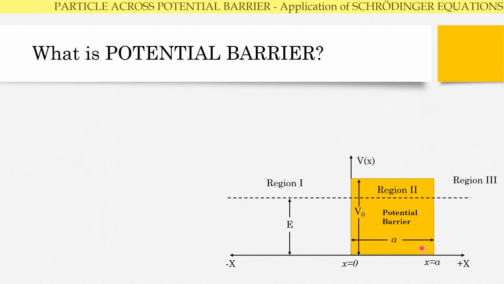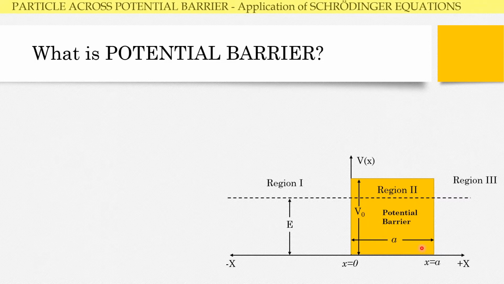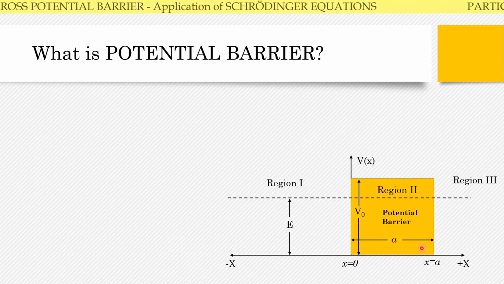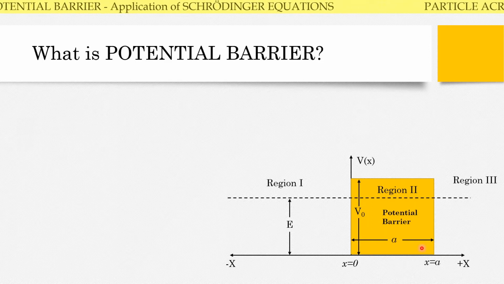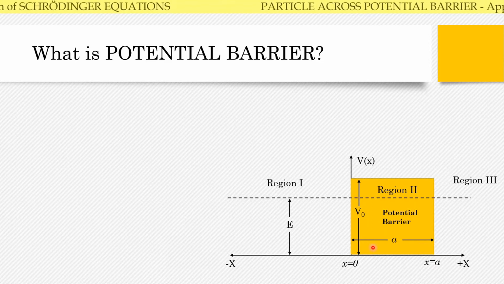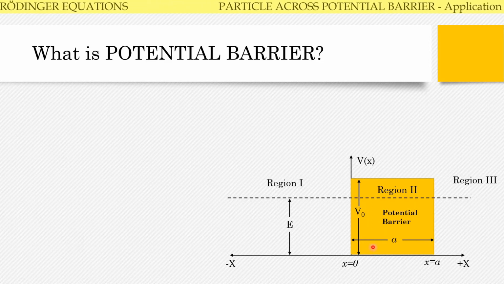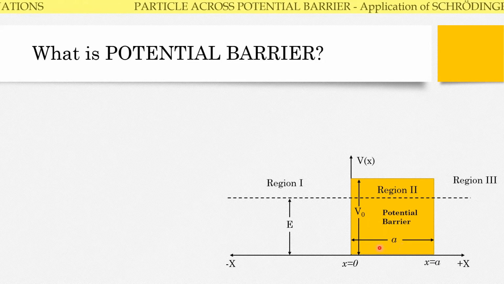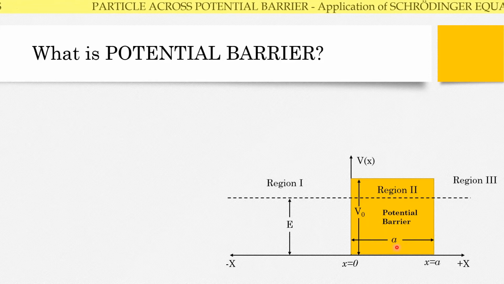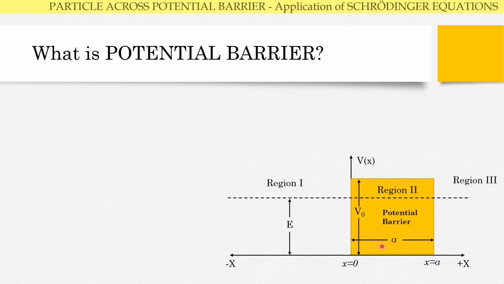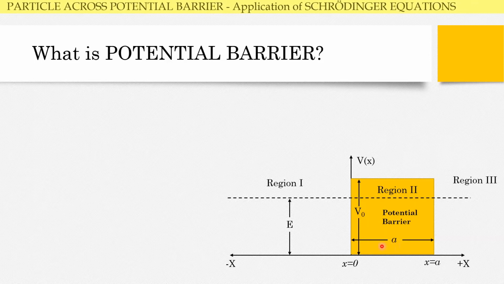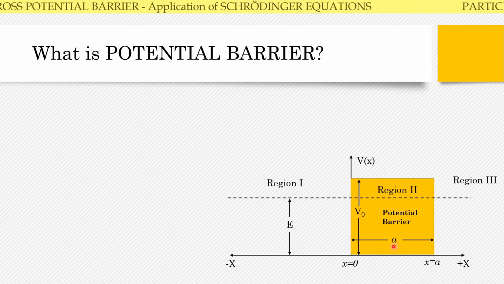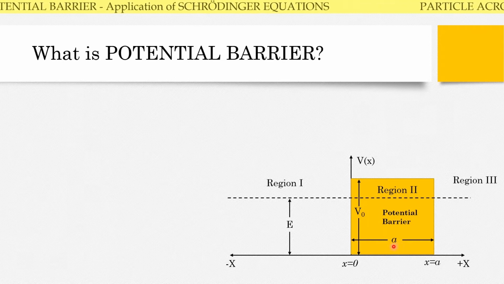Earlier, in the problem of potential step, if you remember, we had a potential hill of certain height, but in that problem, we had considered this a as 0. I mean, in that case, potential step is a special case of potential barrier where we have 0 width.